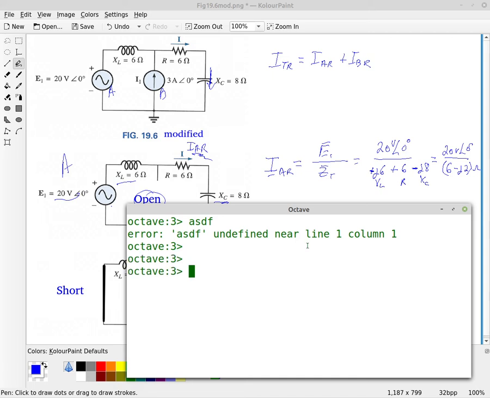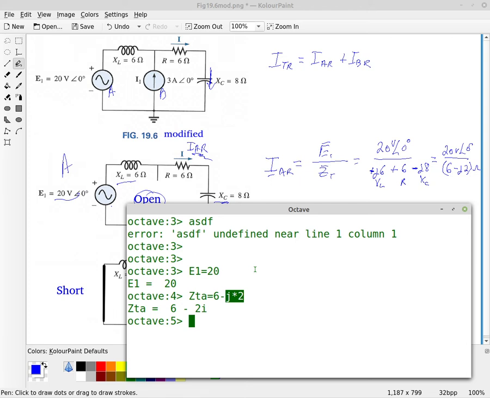I'm going to take my voltage source E1, which is simply equal to 20, and then my Z total A, which is 6 minus j times 2. Remember, if you're using software like this, you have to multiply j times the number.